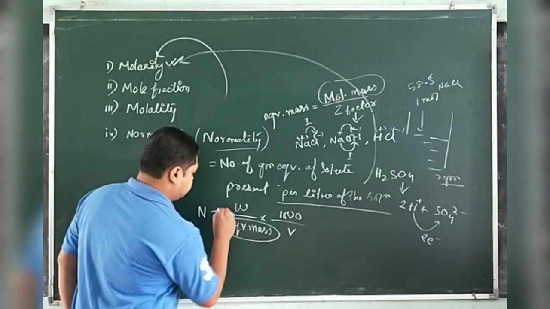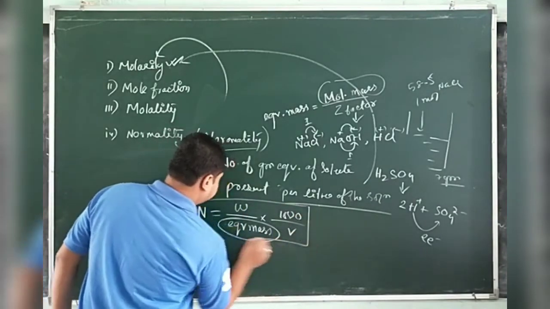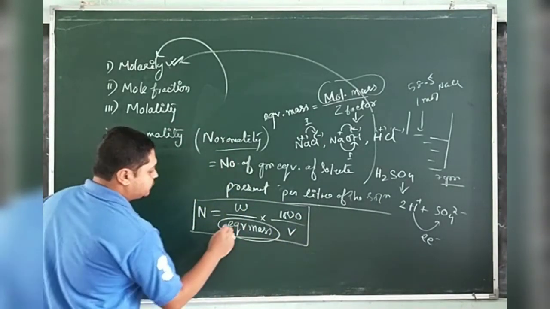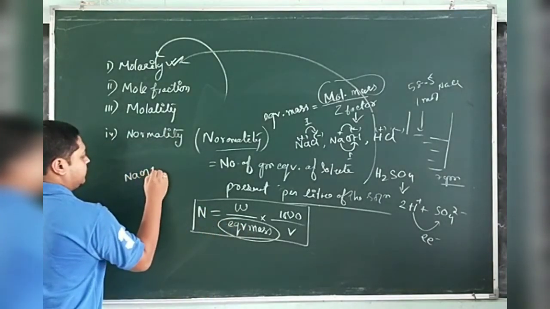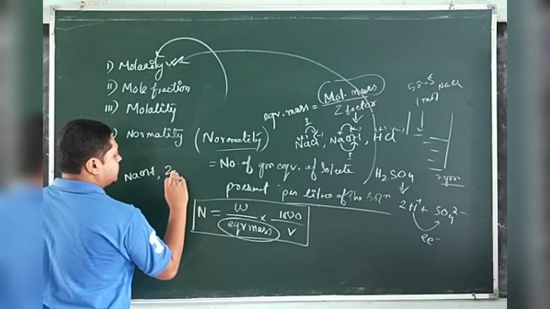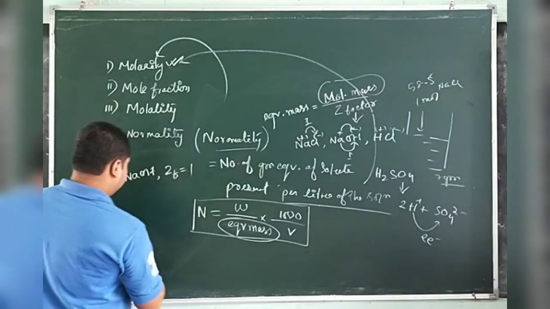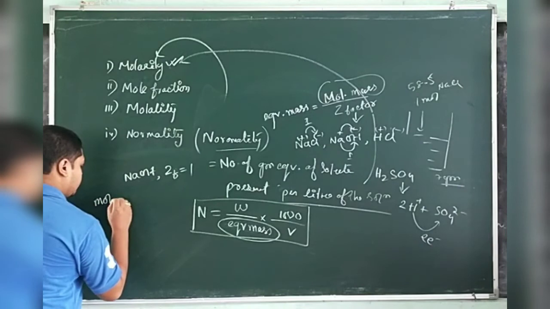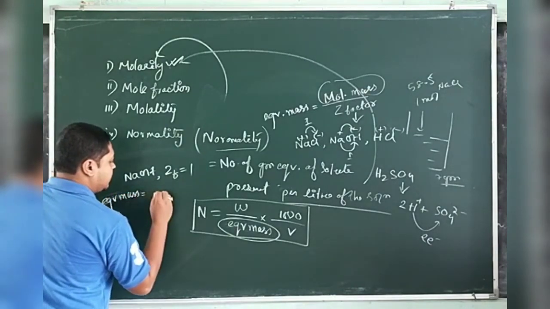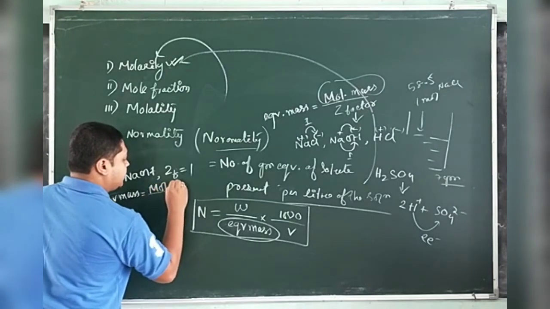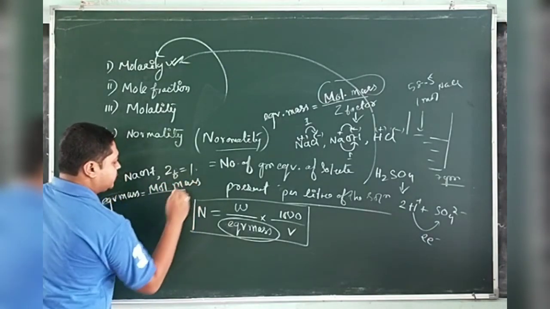So for example, in case of sodium hydroxide, the Z factor is 1. So the equivalent mass of sodium hydroxide is equal to mole mass divided by Z factor, that is 1.